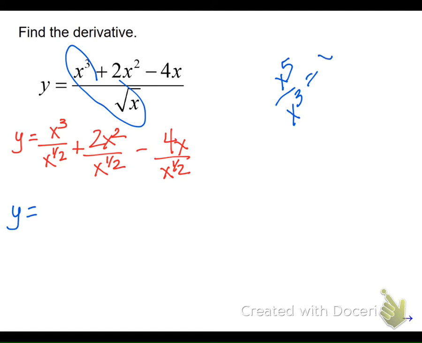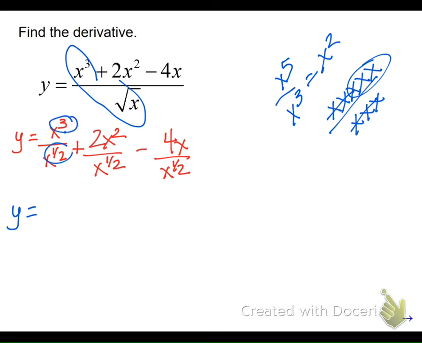We know that that's the same as x squared, because it's x times x times x times x times x, 5 on the top, 3 on the bottom, and 3 of them cancel, leaving still 2 on top. So that's the rule we're using. Basically just subtract. So back to the problem here, 3 minus 1/2 would give me x to the 5/2, or 2.5. 2 minus 1/2 would be 1.5 or 3/2. And 1 minus 1/2 would be 1/2.